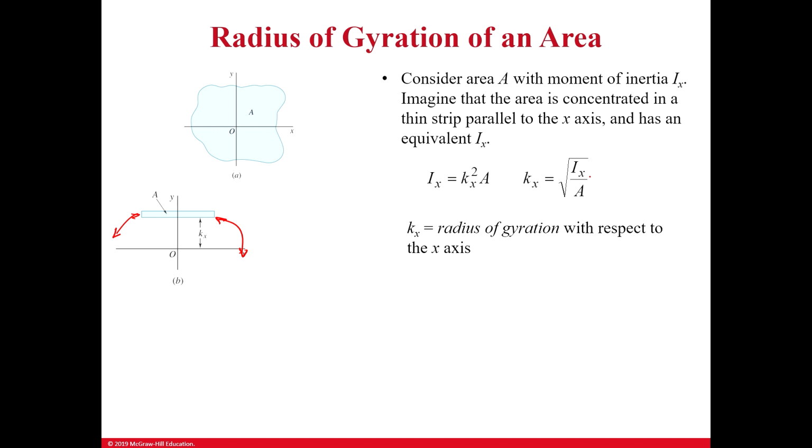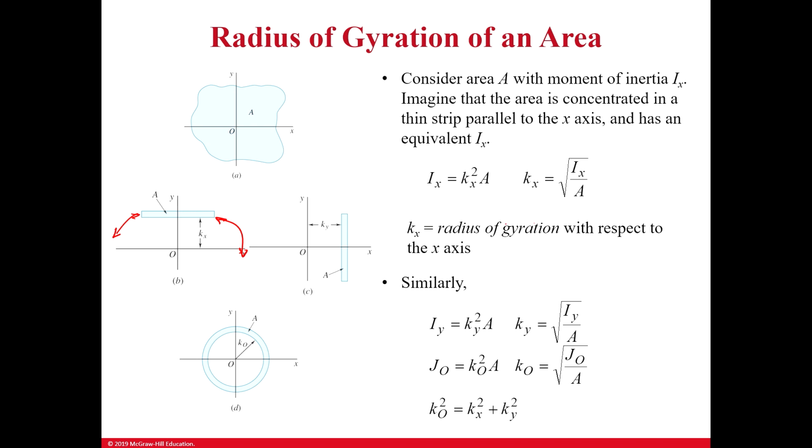Ix is the second moment of inertia with respect to x, which is the integral of y squared dA if it's a non-regular geometry. If it's a regular geometry, we're going to learn that there are already formulas for us to use. And the radius of gyration with respect to y is the same thing, the square root of the second moment of inertia with respect to y divided by the area.